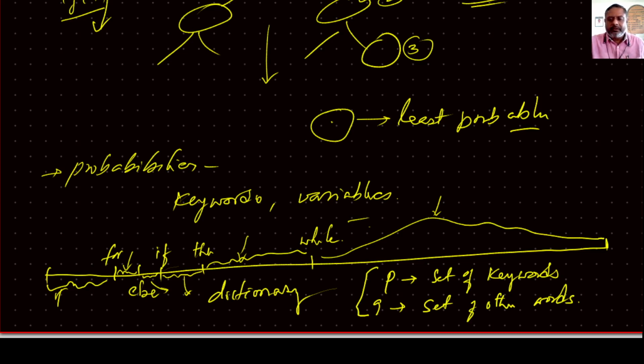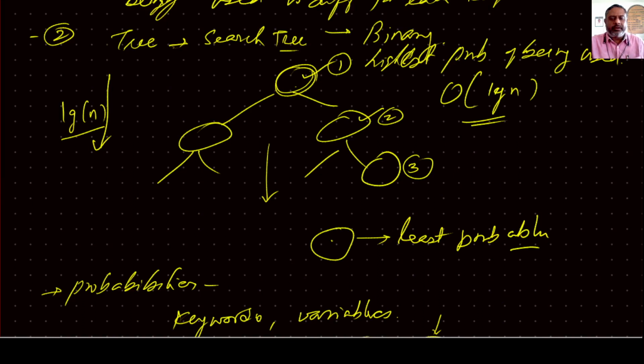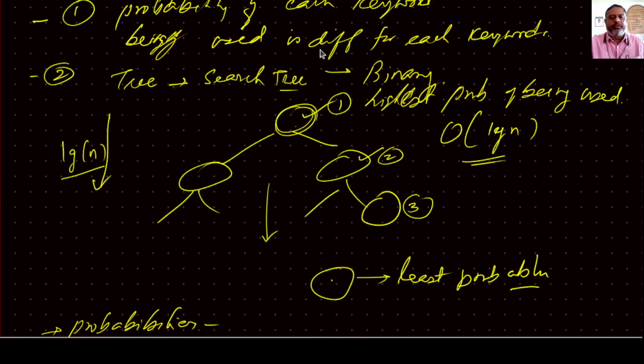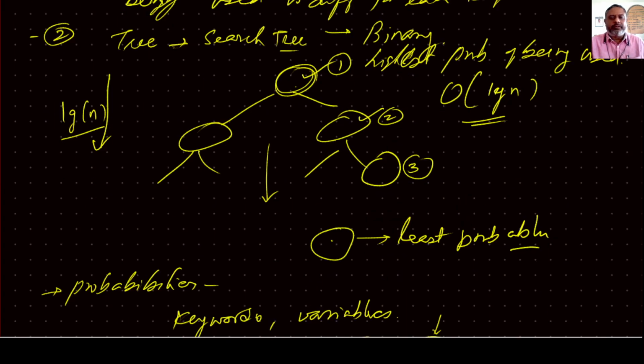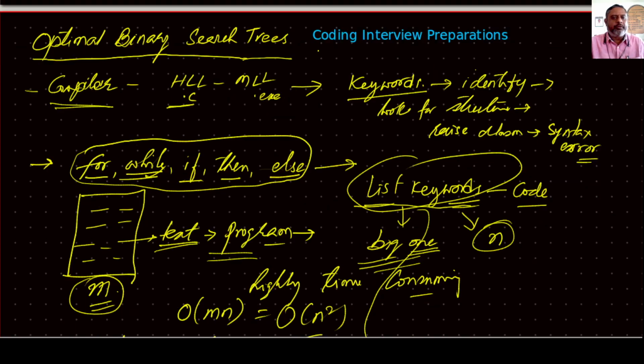So using these two, we need to identify the pattern of the binary search tree such that the overall search for any item can be made possible with the least amount of time. That's the aim of designing an optimal binary search tree.